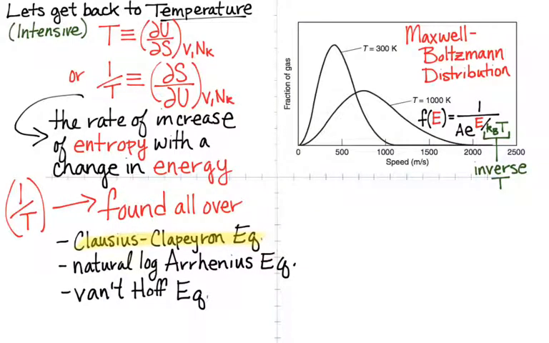And here we're seeing it in the Maxwell-Boltzmann distribution. So this is the distribution of speeds of molecules, gas molecules, where the system is found at different temperatures. We've seen this in the Chapter 1 reading, this plot that you're seeing right now.